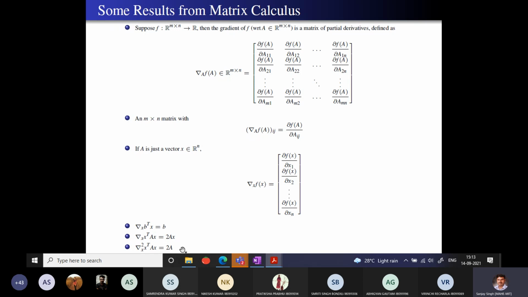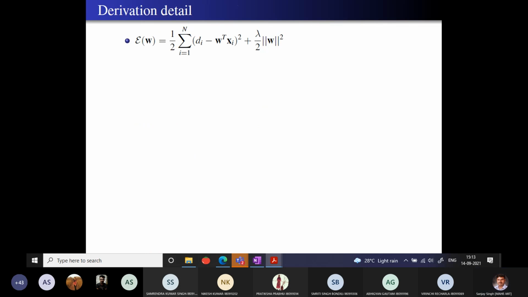Even if you don't understand it, it's okay, but if you remember these two relations, I'll be able to convince you how we derive the solution from them.